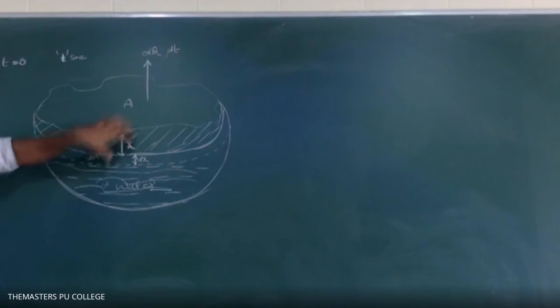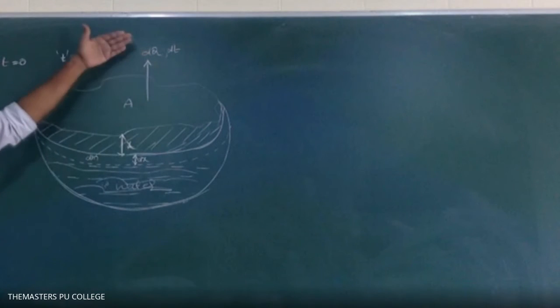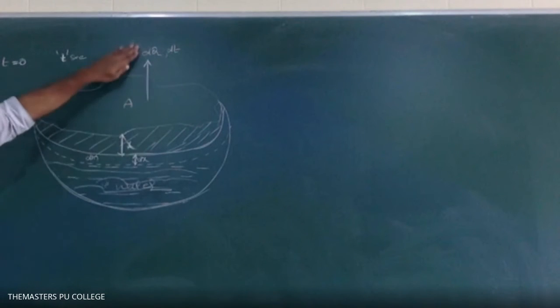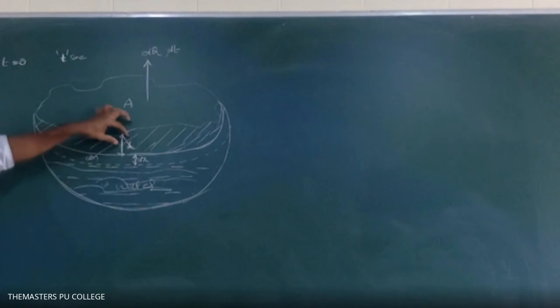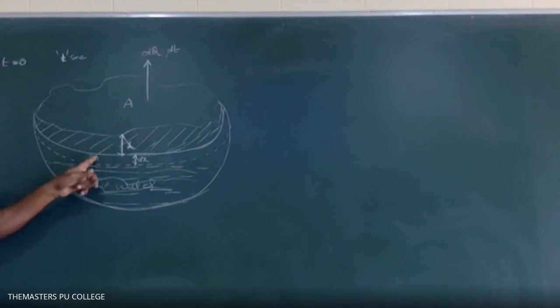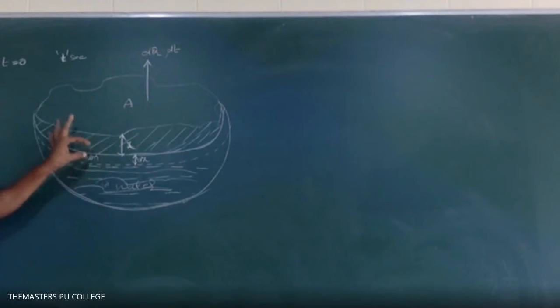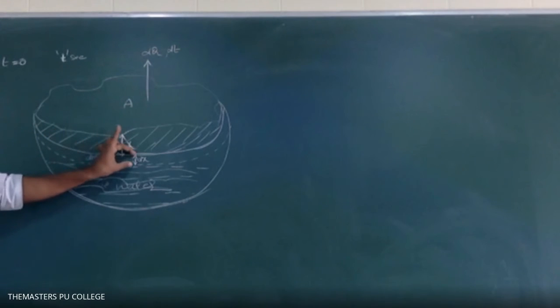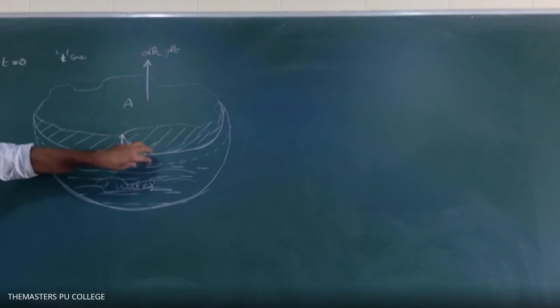At this instant, dq amount of heat flows from this water to this atmosphere through this ice layer of thickness x in a time dt, so that dm amount of water is frozen into ice. That means the ice layer thickness increases; dx is the increase in thickness of the ice layer.